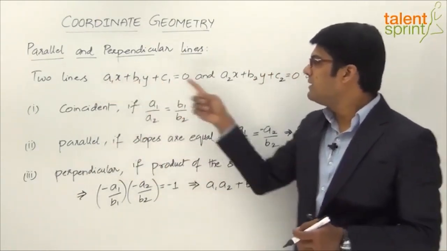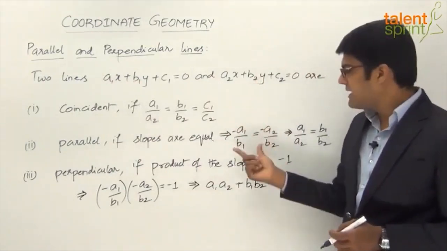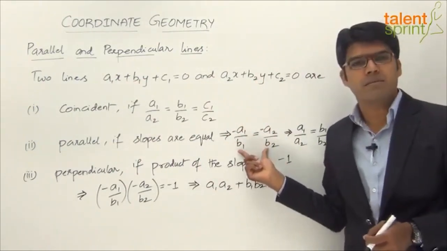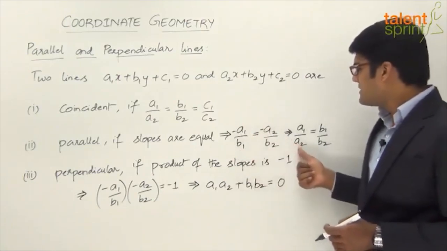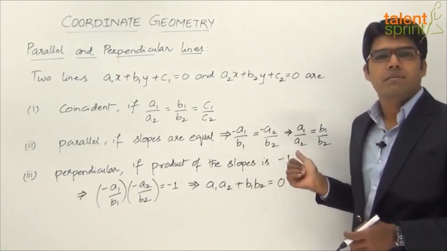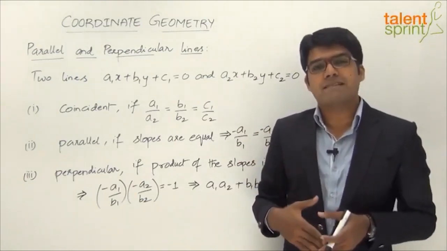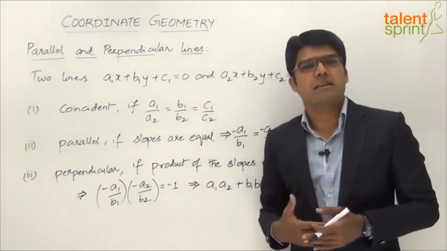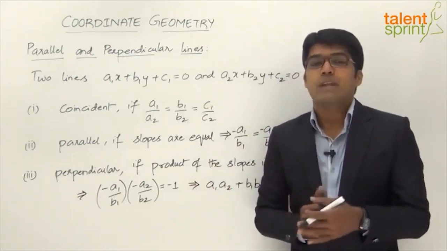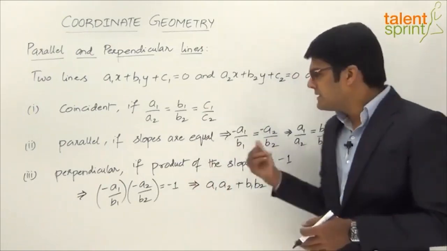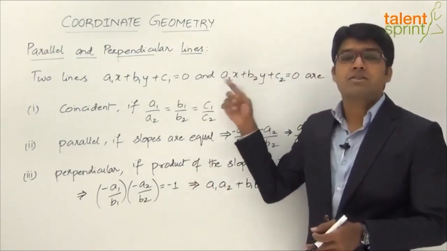So minus a1 by b1 should be equal to minus a2 by b2, which when further simplified gives us a1 by a2 equals b1 by b2. So simply, if the ratio of the coefficients of x is equal to the ratio of the coefficients of y, then we can conclude that the two lines are parallel. And this is when it is given in the general form.